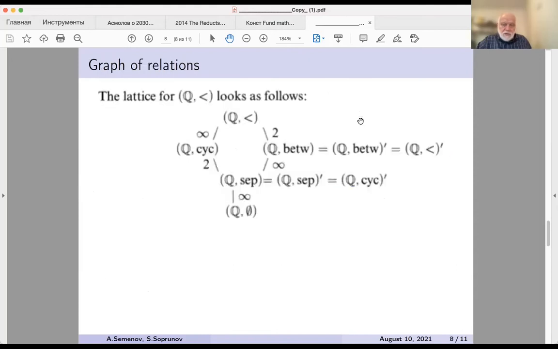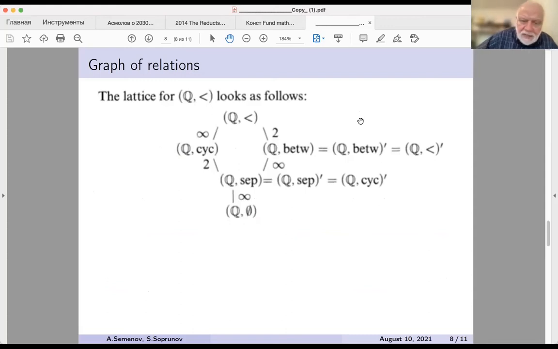There are some additional technical marks here, but you can clearly see what's happening. So the maximal set among the definability spaces is just Q with order. Then you have two members of the lattice just below it, and there's nothing in between. First is cycle, second is between.